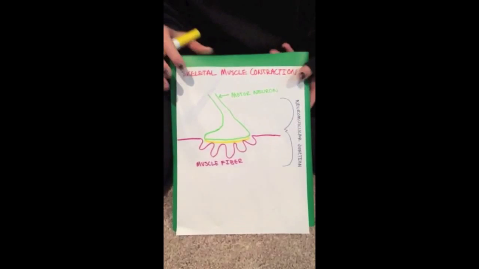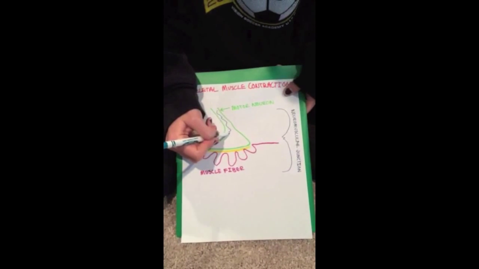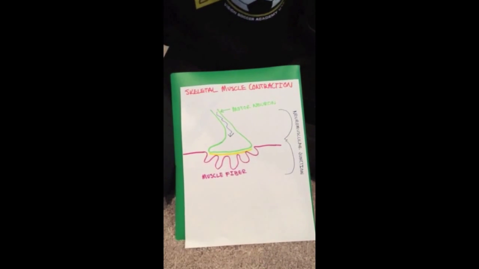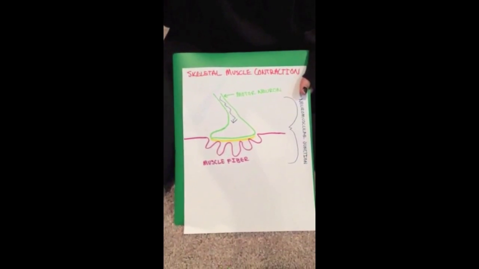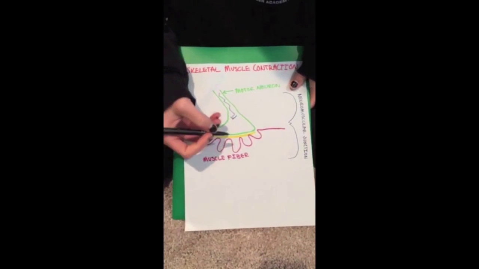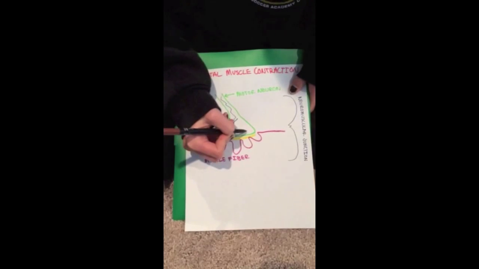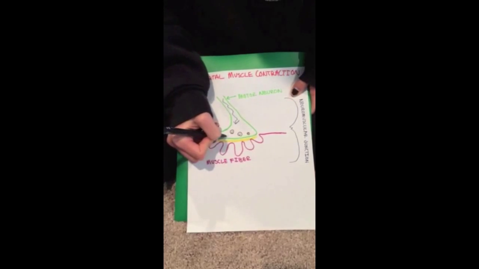When an impulse reaches the end of a motor neuron, it causes small vesicles to release a chemical messenger or neurotransmitter called acetylcholine into the synaptic cleft.